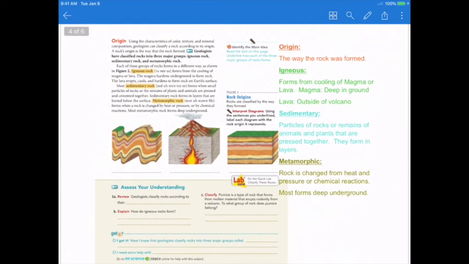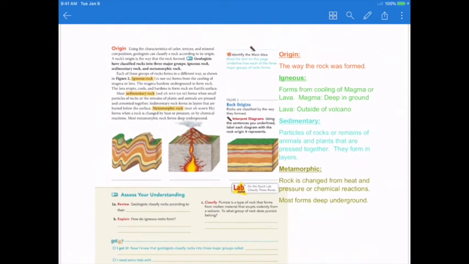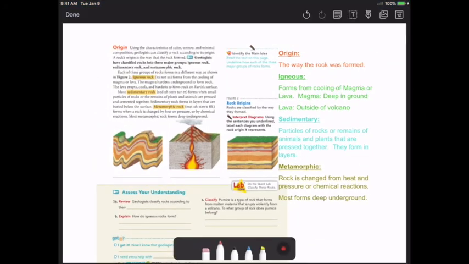And this is the last page. I told you it's a pretty short lesson. So a couple things here. Origin is the way the rock was formed. So we're really going to talk about this in the next several lessons. Igneous rock, which is right here, forms from cooling of magma or lava. So remember, magma is basically like lava deep in the ground, and then lava is outside of the volcano.